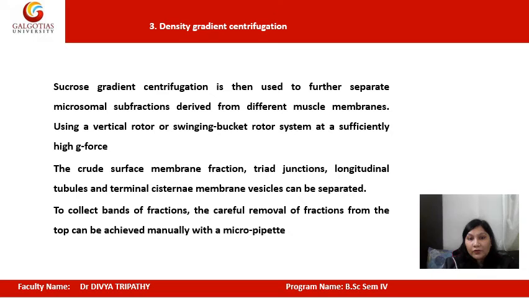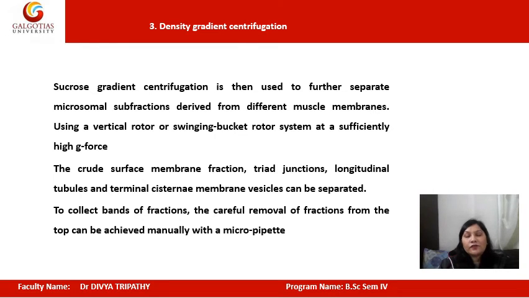So in order to separate the organelles of the same size and different density, we have to perform density gradient centrifugation. We all know the basics of density gradient centrifugation, in which we use different gradients to separate the mixture on the basis of their different density.